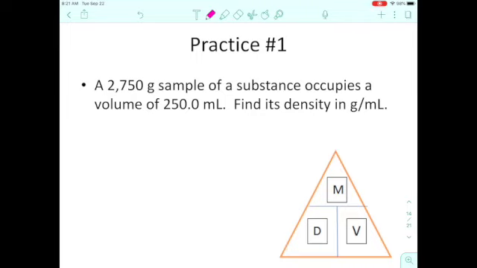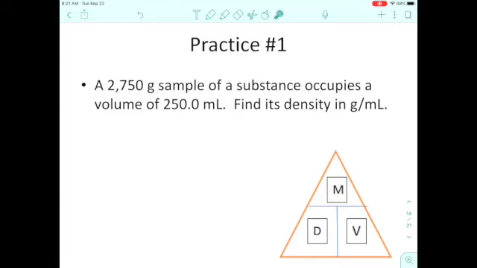So we know that density equals mass divided by volume. If you needed to find density, you would cross it out, and that leaves you with mass divided by volume. If you needed to find mass, that would leave you with density times volume. And if you needed to find volume, that would leave you with mass divided by density.